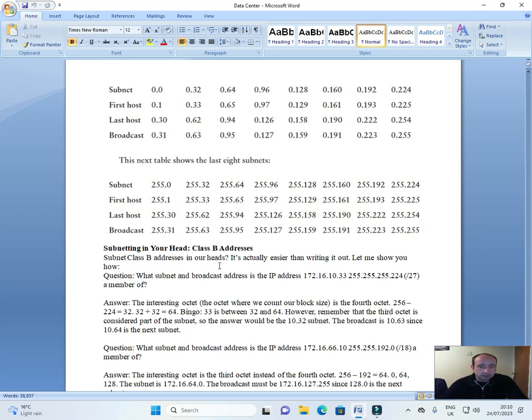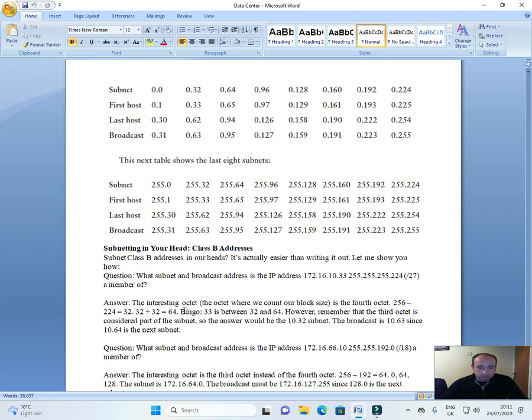Subnetting Class B addresses in our head is actually easier than writing it out. Let me show you how. Question: what subnet and broadcast address is the IP address 172.16.10.33, 255.255.255.224/27, a member of?